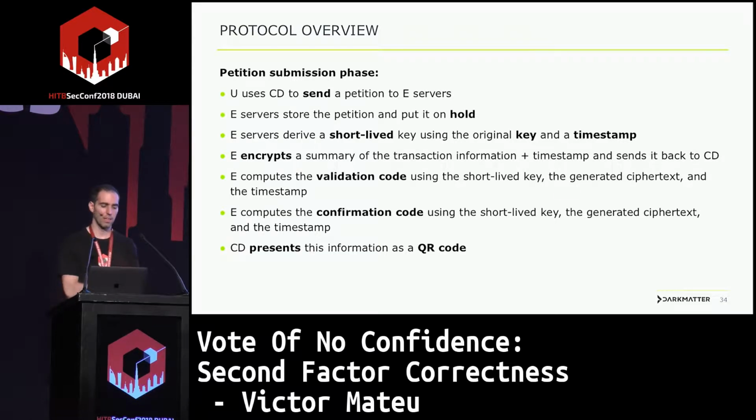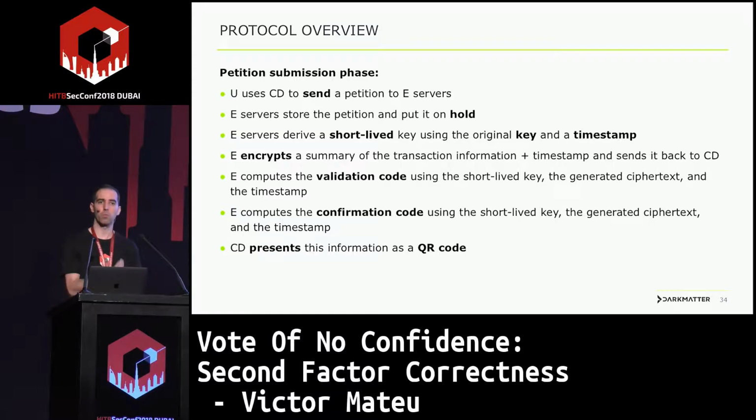After that, eBay will encrypt all the transaction information using this symmetric key, and it will also generate a validation code, so the user would have the opportunity to interact with the server directly through this validation code.